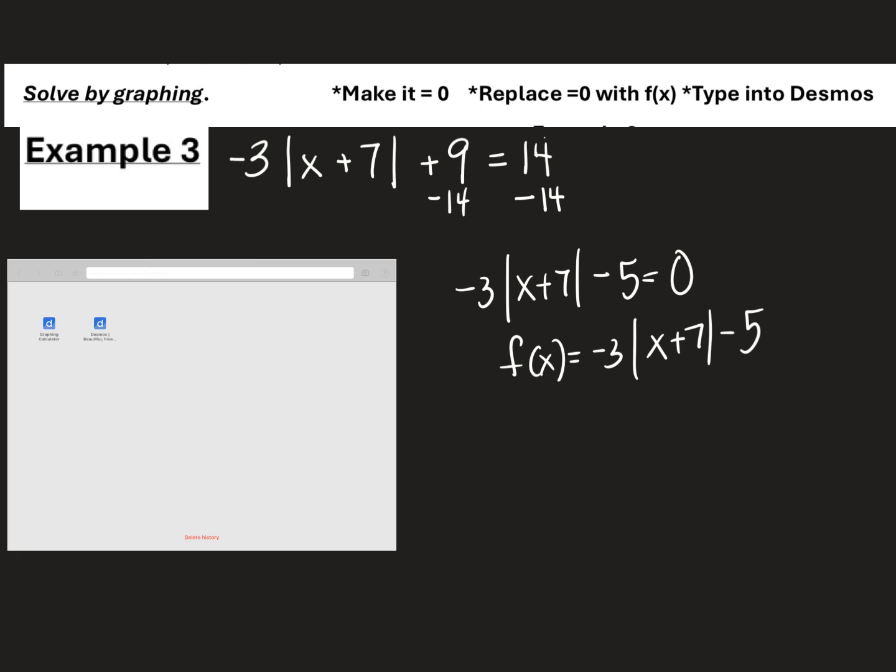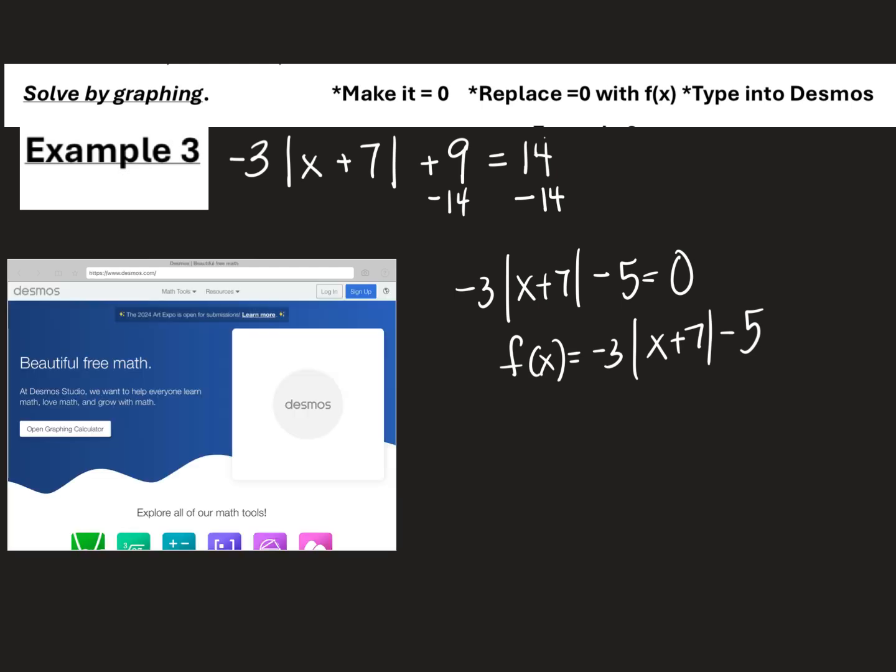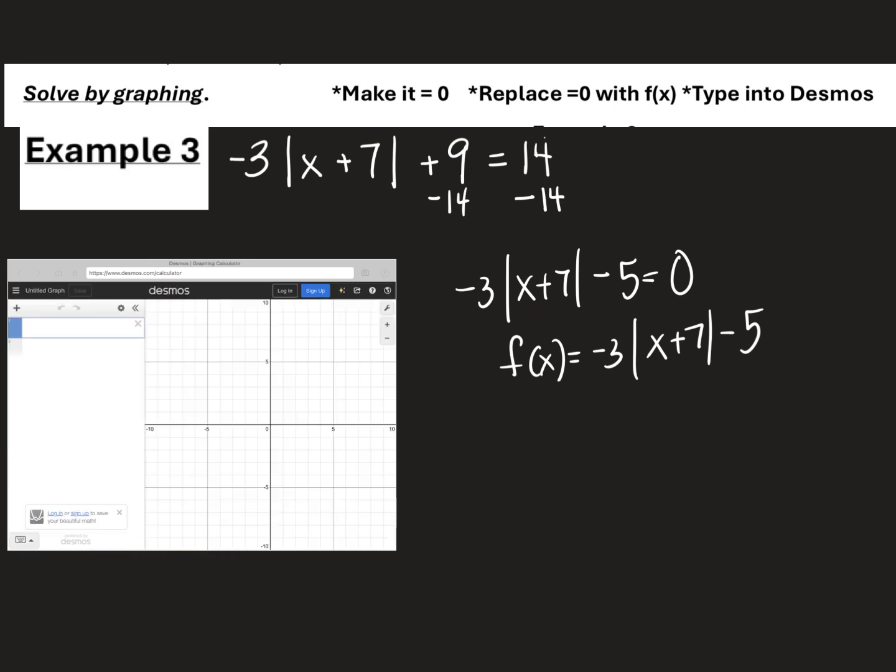Okay. Let's go to Desmos. I had that in there yesterday, but it did not save, so that's okay. I'll just type it in again.